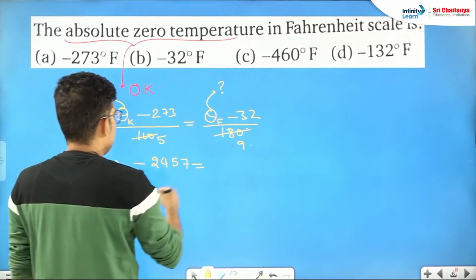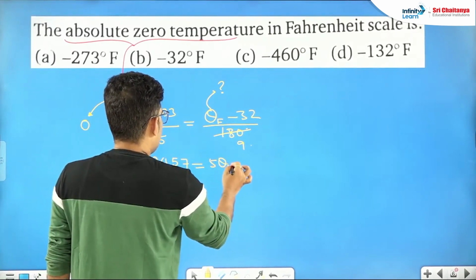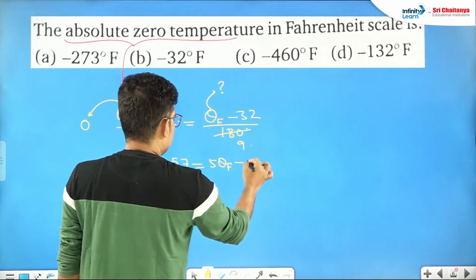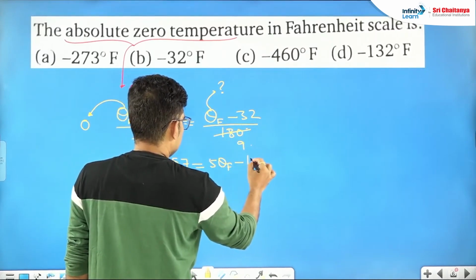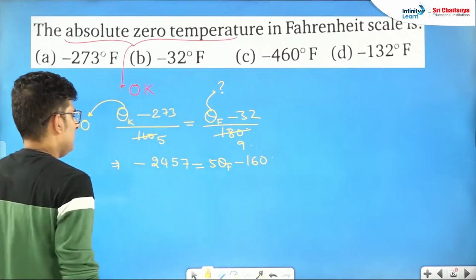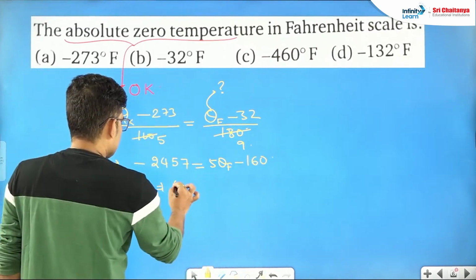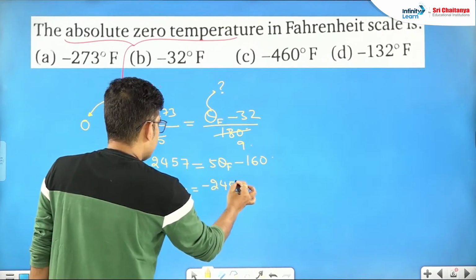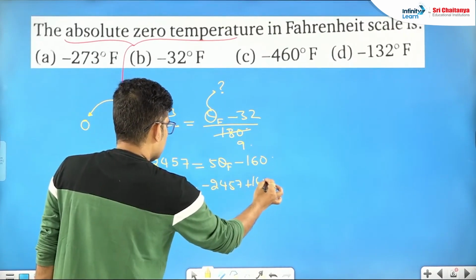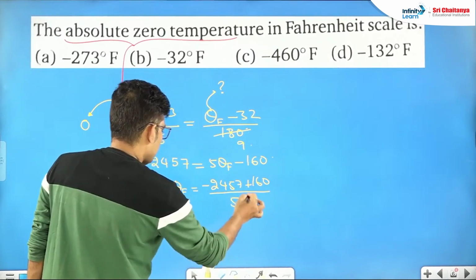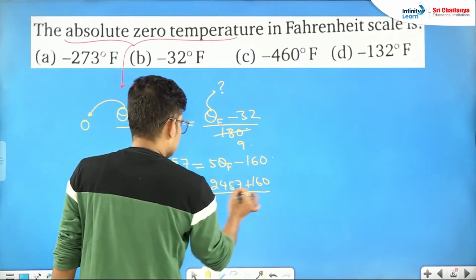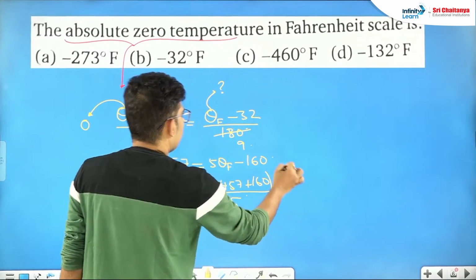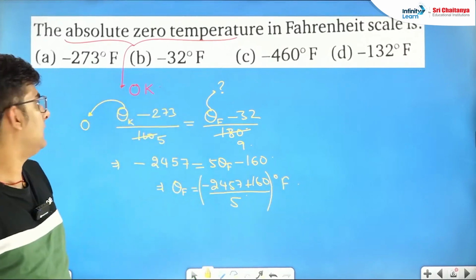And here we have 5 times theta F minus 32 into 5, which is 160. So from here theta F will be minus 2457 plus 160 divided by 5. This will be in Fahrenheit. So you can calculate that.